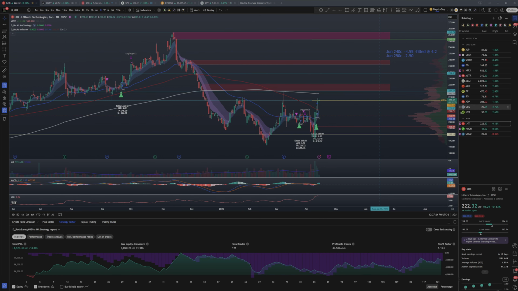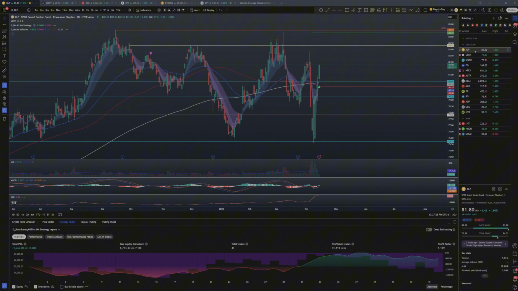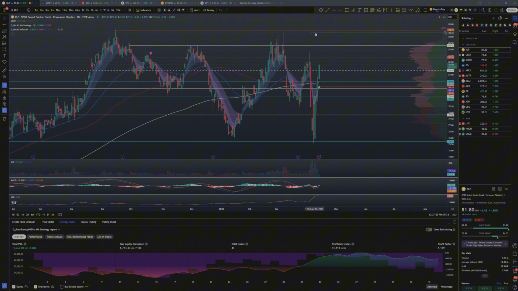So sometimes these targets work out perfectly. Other times, it's just a matter of adjusting, and you'll see that as I go through these trades on a consistent basis. You'll see me mark these, and hopefully we can make something good here, and I can help some people learn and help myself as well.